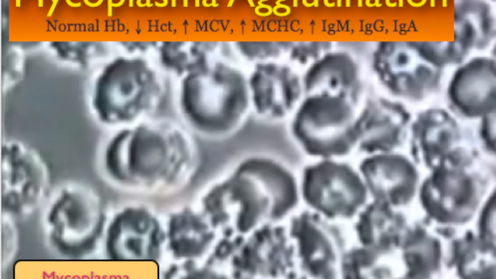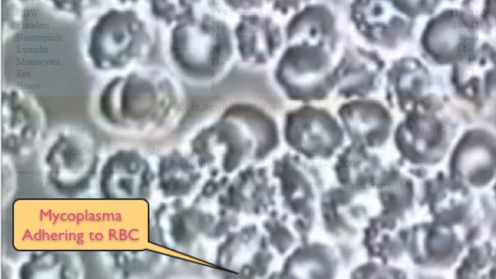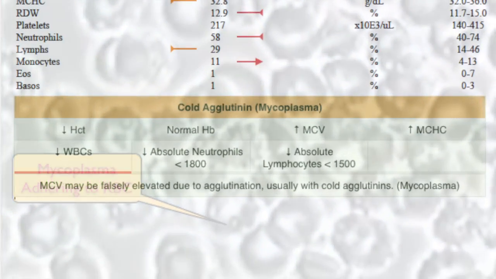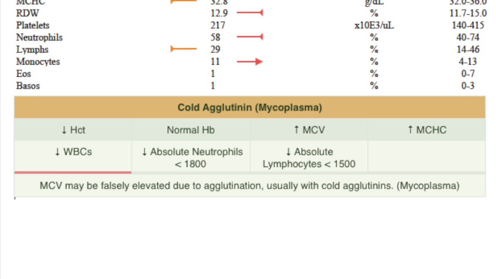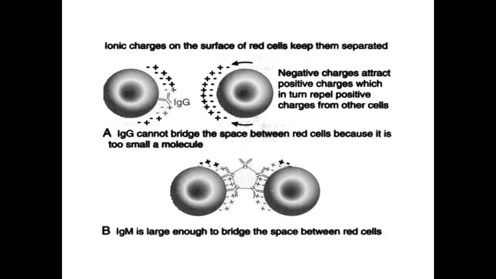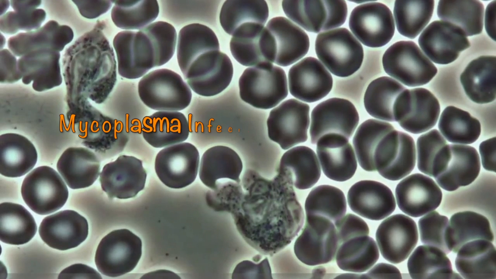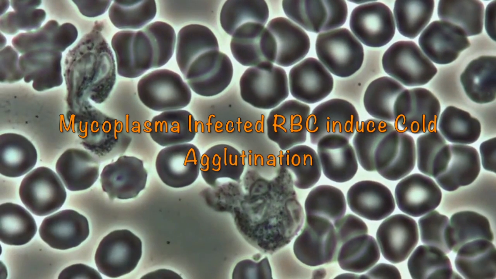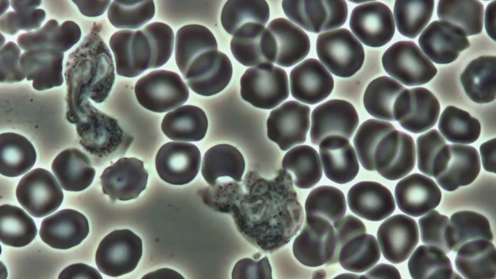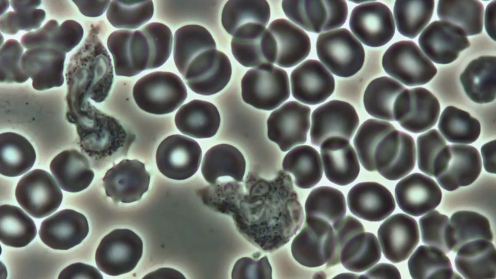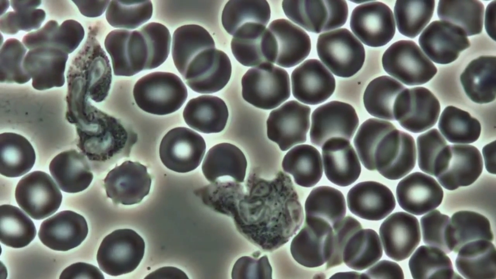Autoagglutination is seen to occur in a type of immune-mediated hemolytic anemia known as cold antibody hemolytic anemia. Cold reactive antibodies are primarily IgM, and they react best at temperatures below 25 degrees Celsius, which is 77 degrees Fahrenheit.